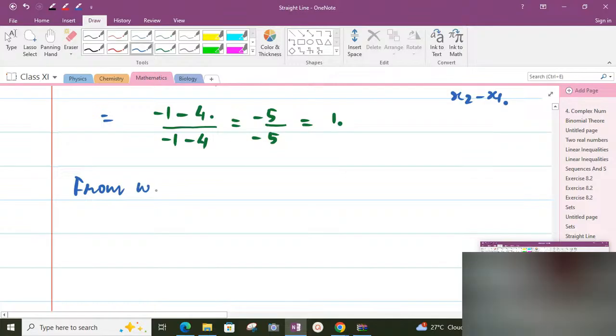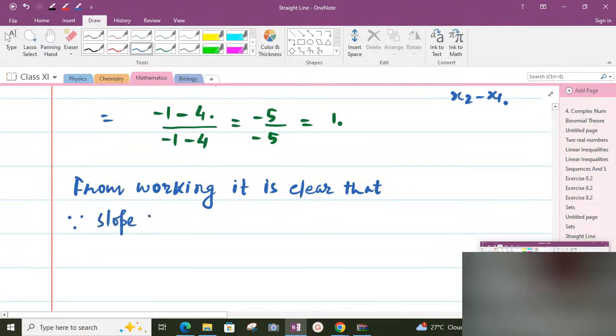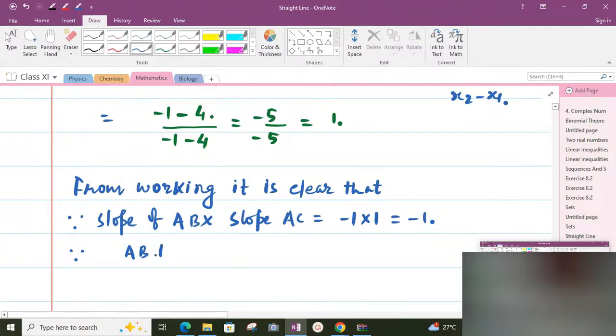From the working it is clear that the slope of AB into the slope of AC equals minus 1 into 1, which equals minus 1. Therefore, AB is perpendicular to AC. So these are the vertices of a right angle triangle.